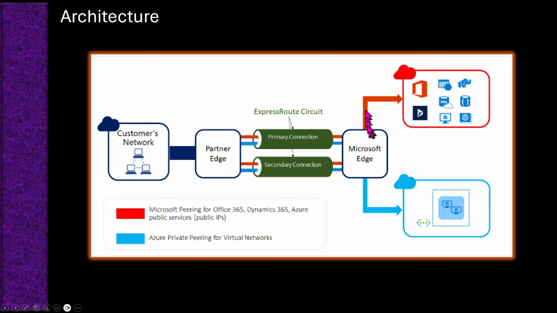Here, your route filter will come into the picture. So that is how you build the end-to-end ExpressRoute connectivity with Azure using a provider. That's all pretty much. I think you might have got some understanding now of how to look into this once you deploy the ExpressRoute circuit in Azure.